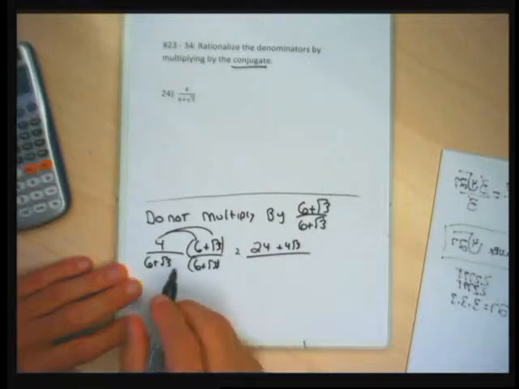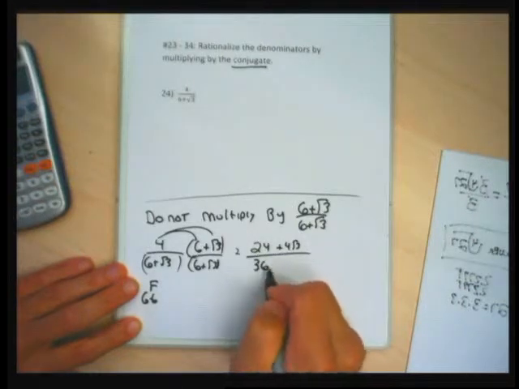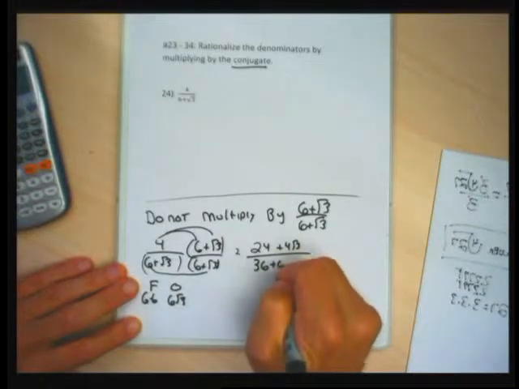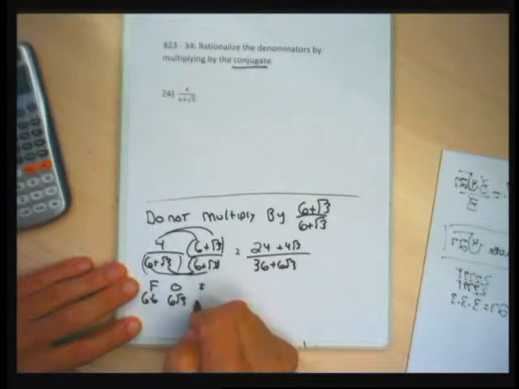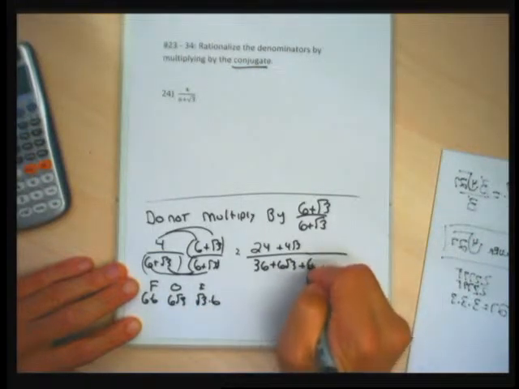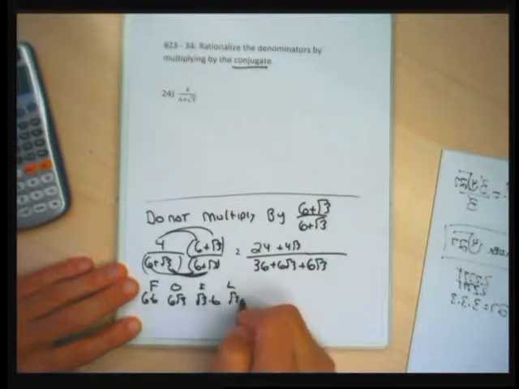The denominator I FOIL. Firsts are going to be 6 times 6, which is 36. Outers are going to be 6 times square root of 3, which is 6 square root of 3. Inners are going to be square root of 3 times 6, which is another plus 6 square root of 3. Lasts are square root of 3 times the square root of 3, which is the square root of 9, which is 3.